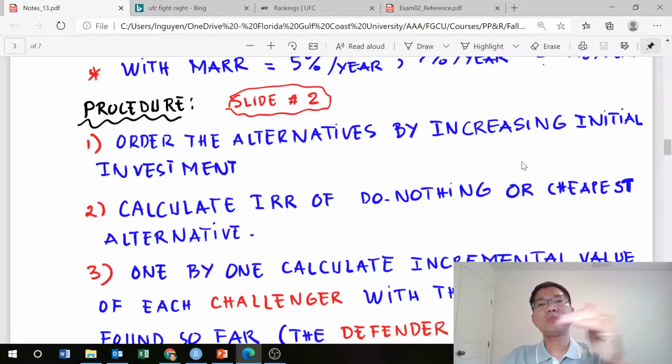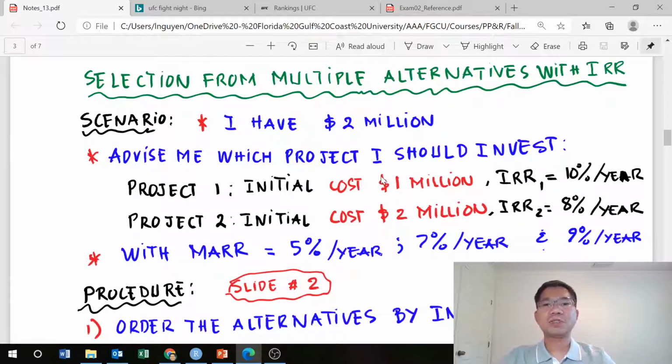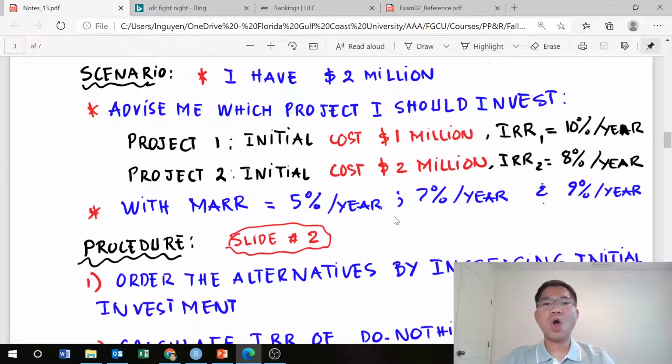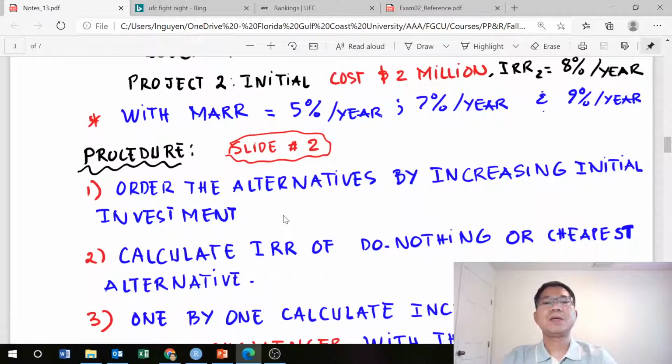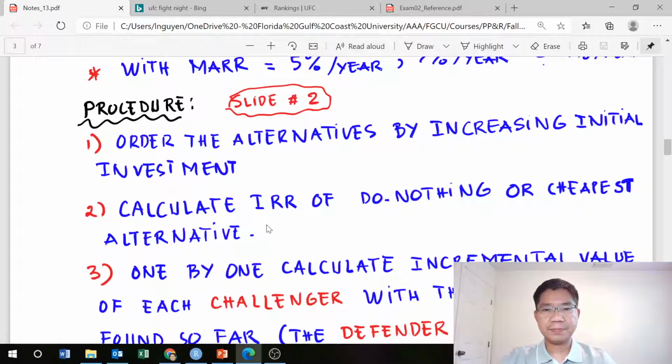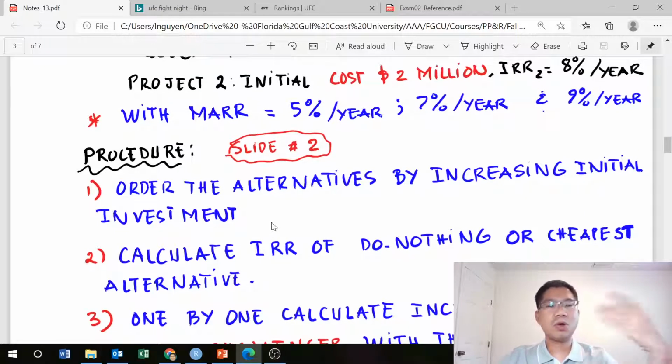If you have multiple projects, for example, project 1 million, then project 2 with higher initial investment, 2 million, you order the alternatives by increasing initial investment. Then calculate the IRR of do nothing or the cheapest alternative. Do nothing means you don't do anything, zero return. It might be a good try, because if you try another one and it's lower than MARR, it's better to do nothing. Go with MARR.